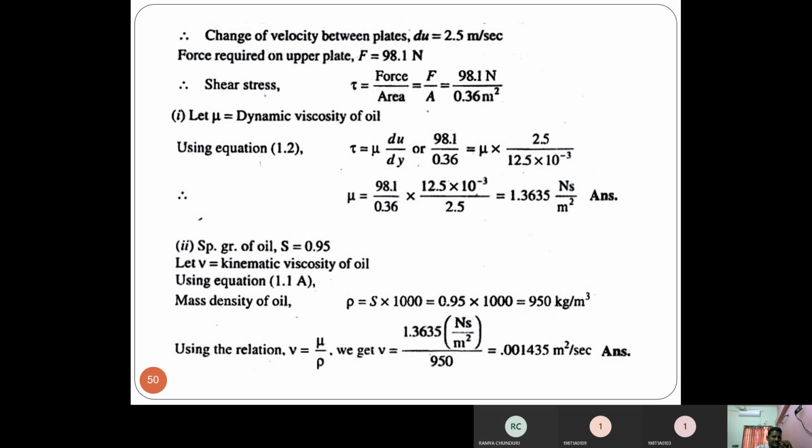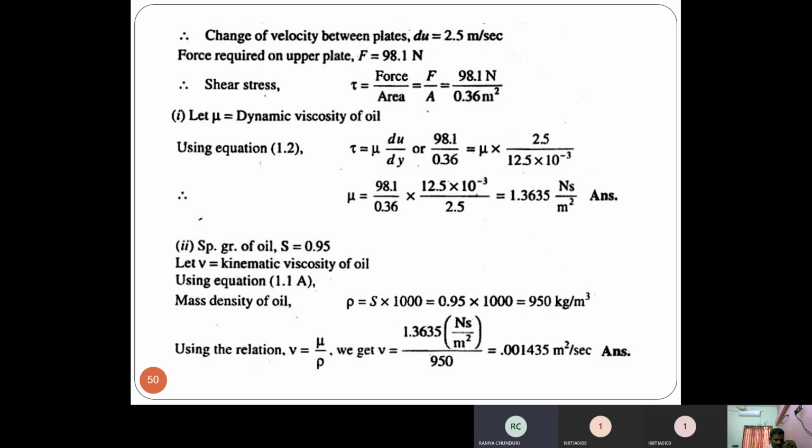Now, kinematic viscosity we are calculating, nothing but mu by rho. Mu, viscosity, is 1.3635. If you simplify it, we will get 0.001435 meters square per second. In this way, we can solve any problem.